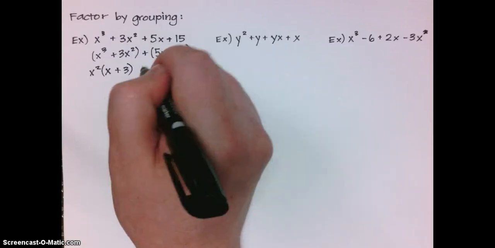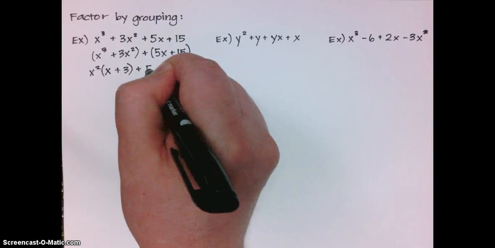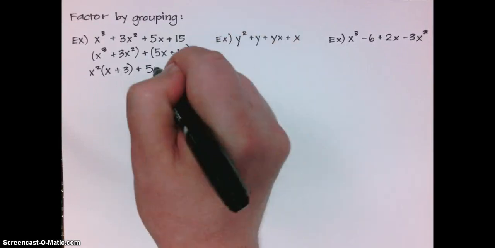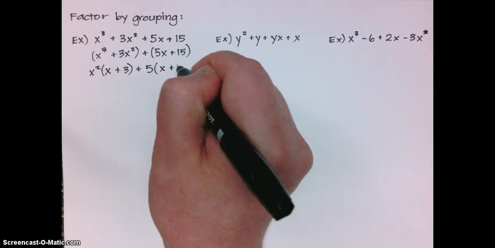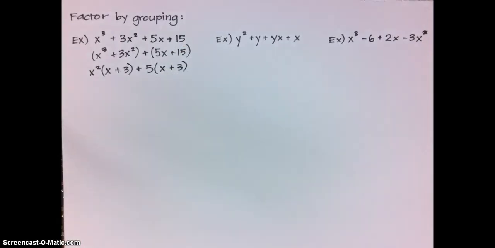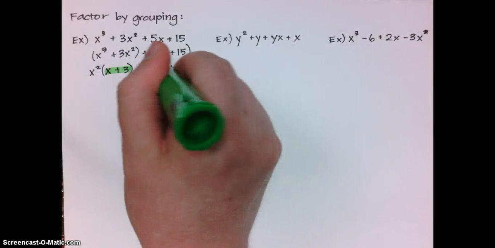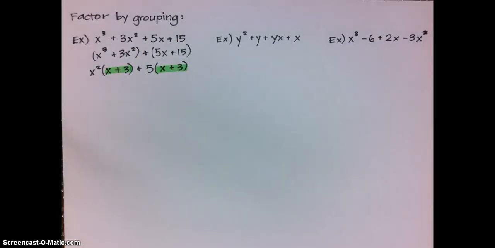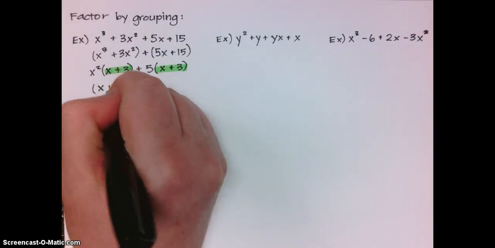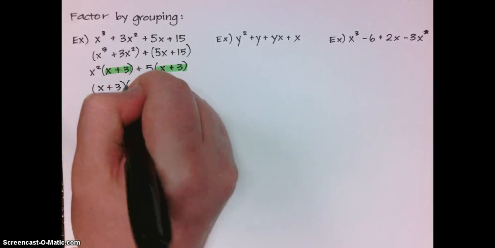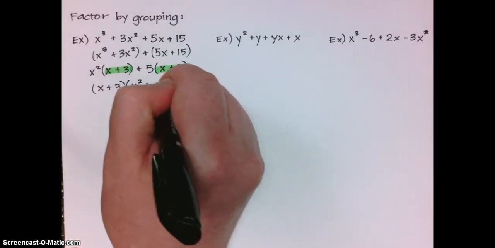I'm going to pull out the greatest common factor of 5x and 15, and simply it's the number 5. And left inside, I have an x plus 3. Look at that. I have the same thing written inside my parentheses. So let's bring that outside, x plus 3, and then whatever I'm left with, x squared plus 5.